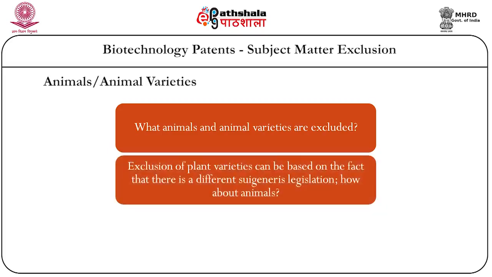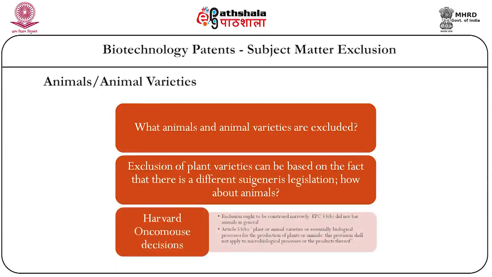So the exclusion of plant varieties can be based on the fact that there are different sui generis legislations, but what about animals? In this case, the Harvard Oncomouse decision, the Harvard Oncomouse is a genetically modified organism which was already patented in the United States, but the question of whether it would be patentable under Article 53 of the European Patent Convention was a question.